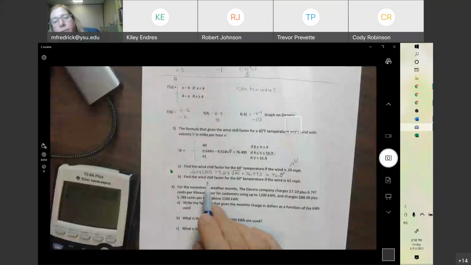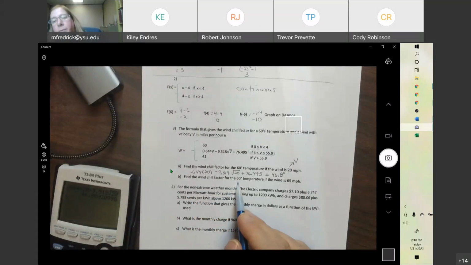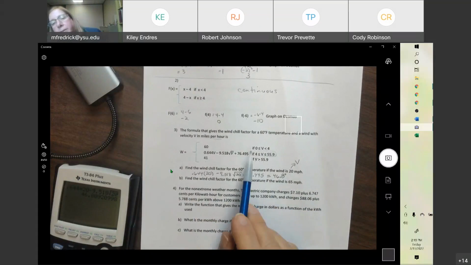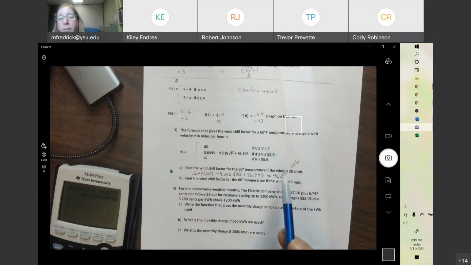Okay, find the wind chill factor for a 60-degree temperature if the wind is 65 miles per hour. So at 65 miles per hour, we need to decide which row to use and then plug it into the equation. So at 65 miles per hour, would we use the top, the middle, or the bottom?